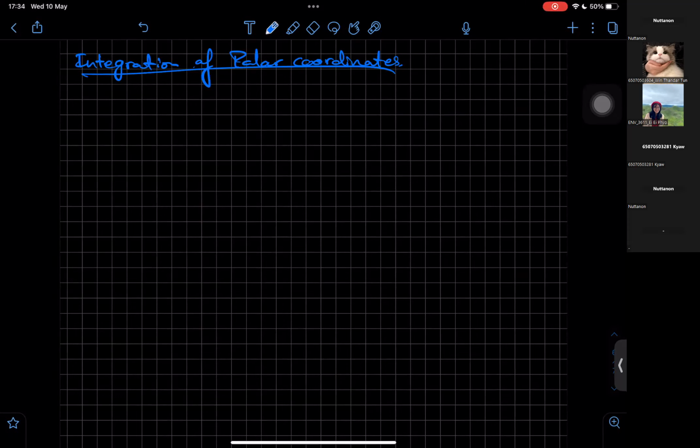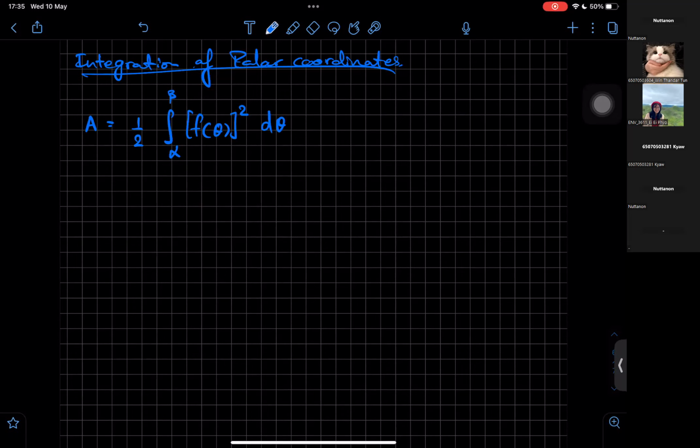When you want to find the area using polar coordinates, you get 1/2 the integral from alpha to beta of f of theta squared d theta.